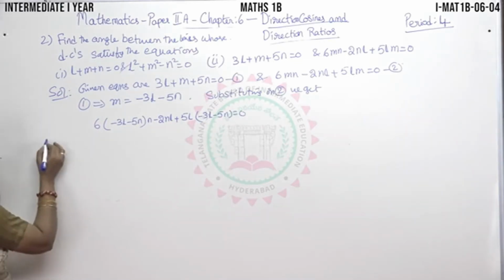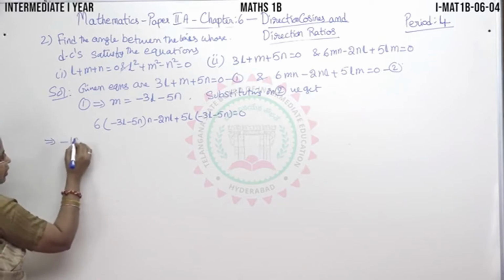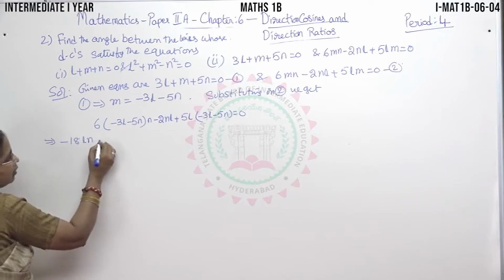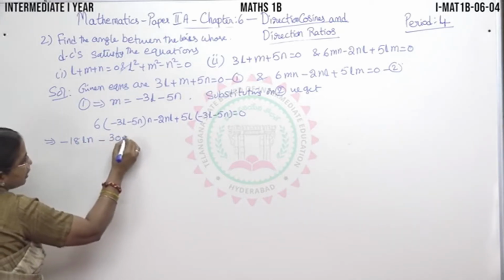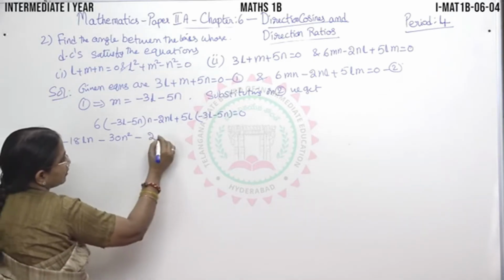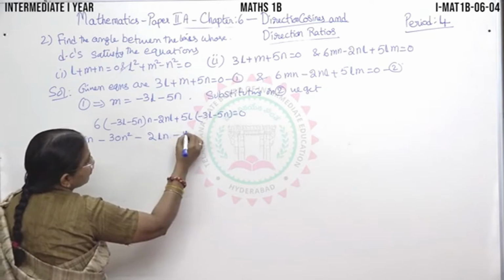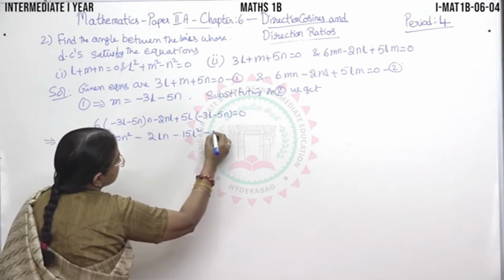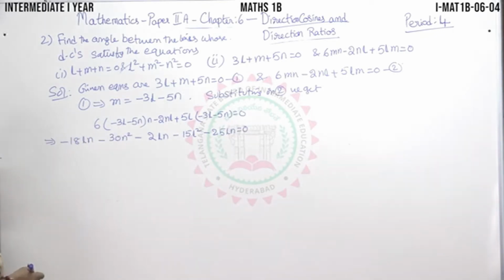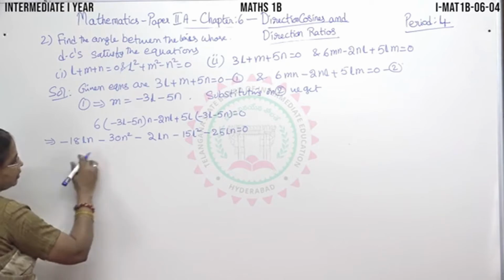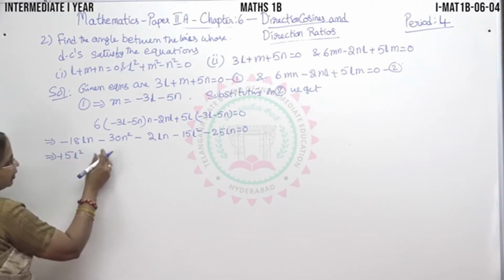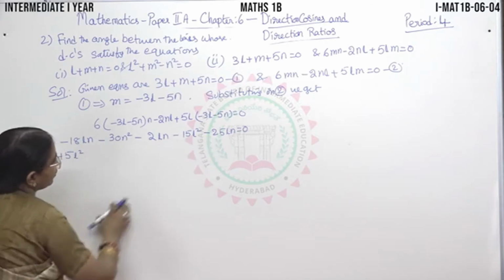Now we should simplify this. So it is 6 3 is 18, minus 18Ln. Then minus 30N square, minus 2Ln, minus 15L square, minus 25Ln is equal to 0. So now it is 15L square, minus 15L square, and then 18, 20, 45.